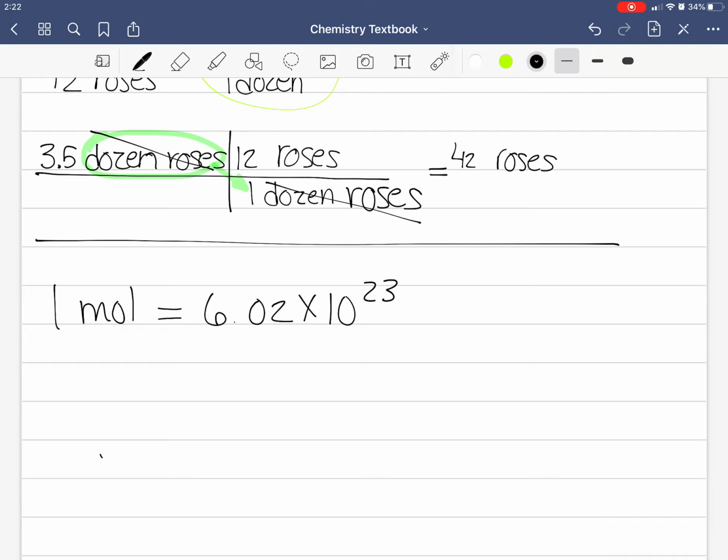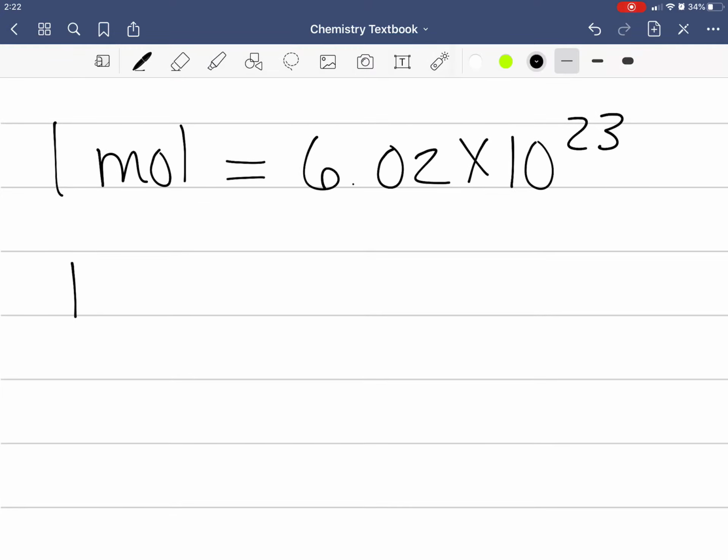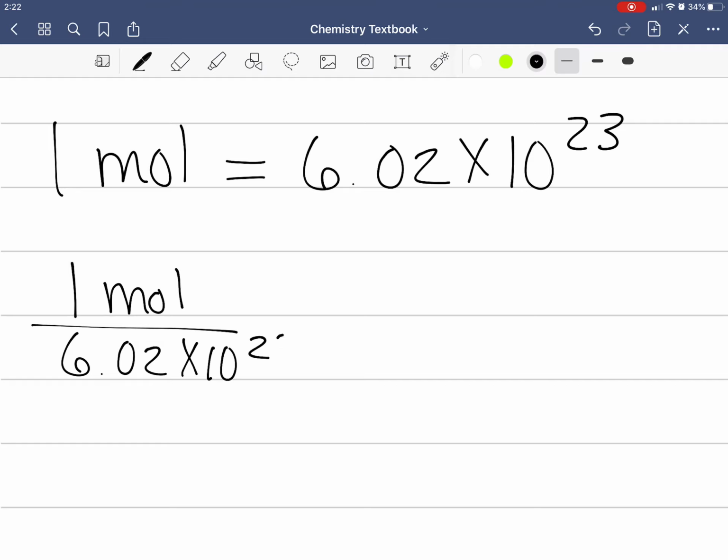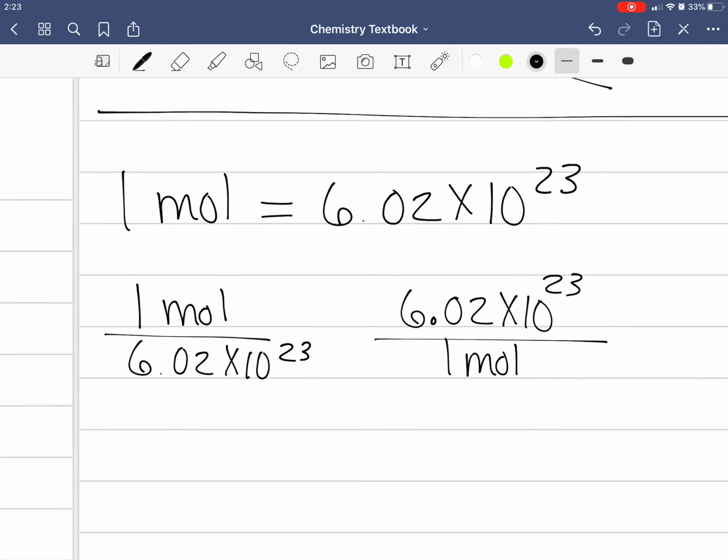Okay, representative particles. So if I convert this equality to the conversion factor, it would help me see what I need. So 6.02 times 10 to the 23rd in 1 mole.